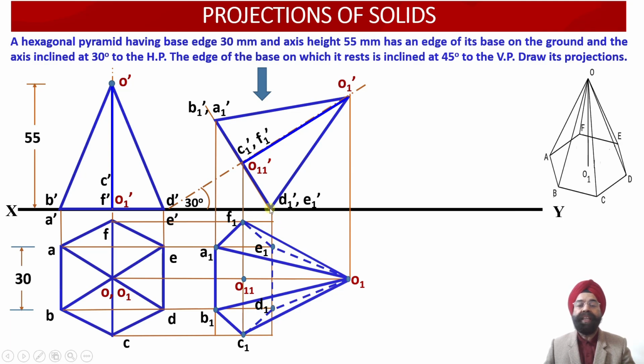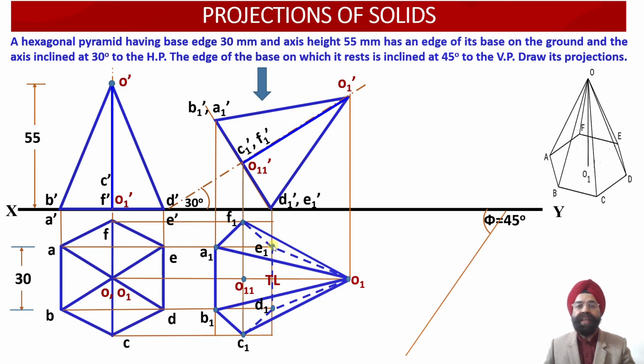How have we obtained the true length of this particular edge? Because this edge D1 dash E1 dash happens to be contained by the horizontal plane. Since this edge D1 dash E1 dash is contained by the horizontal plane, the top view projection D1 E1 will represent the true length of this particular edge.